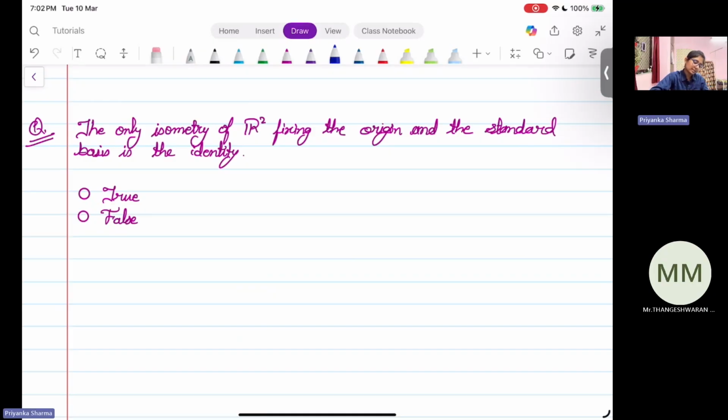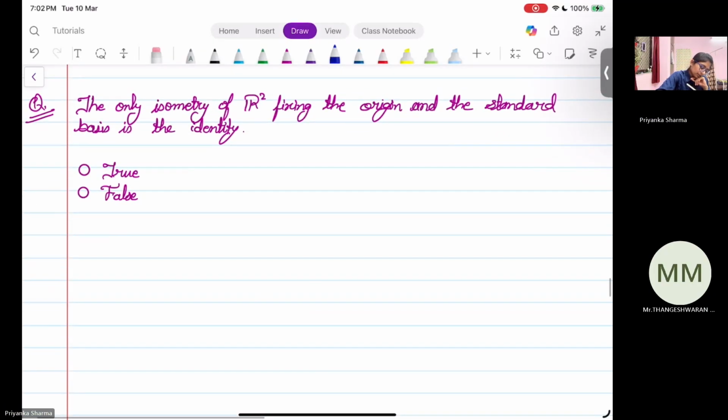Come to this. The only isometry of R² fixing the origin and the standard basis is the identity. So the statement, whether this is true or false.